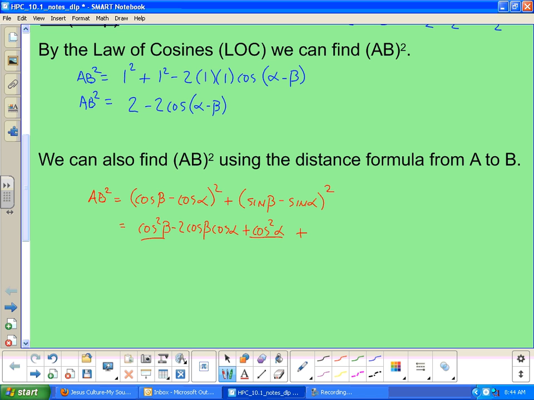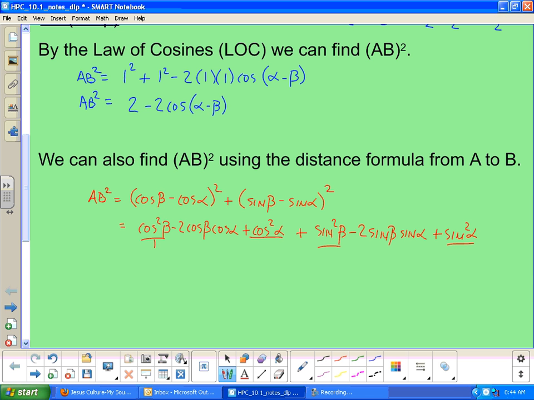Now we're going to do sine beta minus sine alpha. We're squaring that. Sine squared beta minus 2 sine beta sine alpha plus sine squared alpha. Again, seeing some squared things.